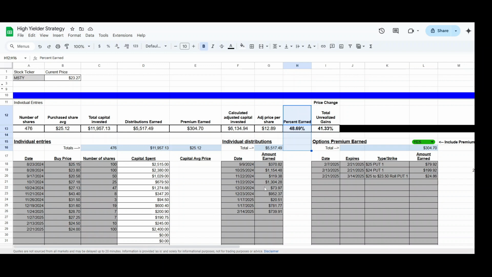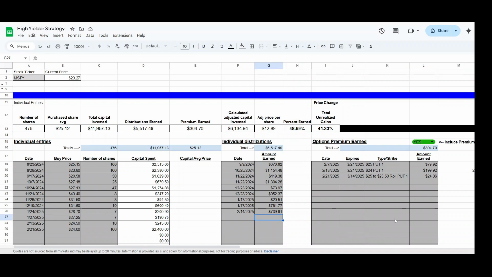Now once I earn that distribution, I actually will have a total of 476 shares that will earn that distribution. So that will offset it, and that will help to increase this percent earned. And I hope to see it go up above where it originally was before we entered that 100 shares. So it'd be nice to see if it goes up above that 60%. But we will see what that distribution pays out on the next round.